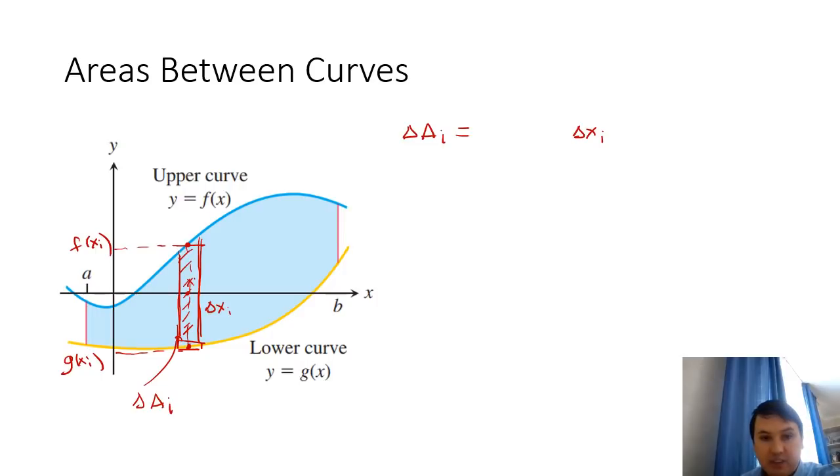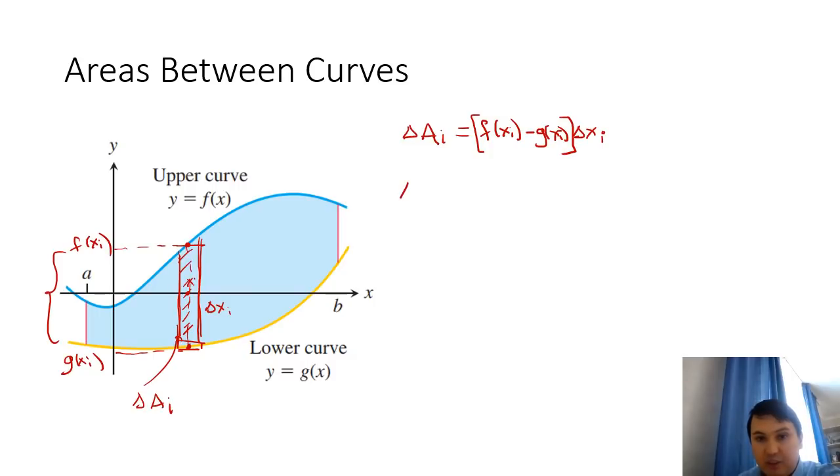But what is the height? The height is the difference in y coordinates, so it is f of xi minus g of xi. This is your height. You multiply by delta xi, and that gives you the area of this small rectangle.